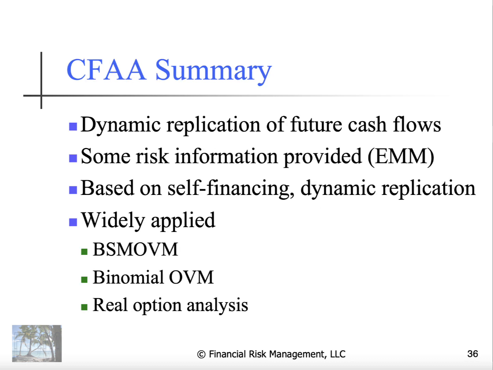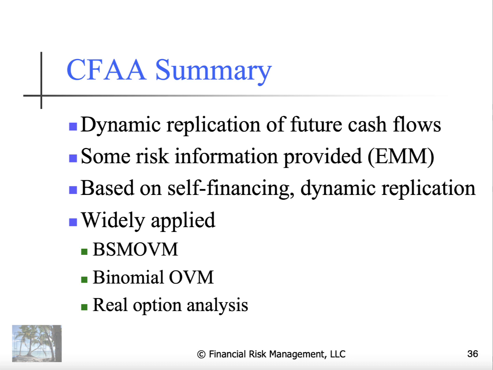So in summary, with the cash flow adjusted approach to valuation, we assume a dynamic replication of future cash flows, which we can often get really close to with certain instruments like options. It does provide some risk information that we'll see later based on the equivalent martingale measure.